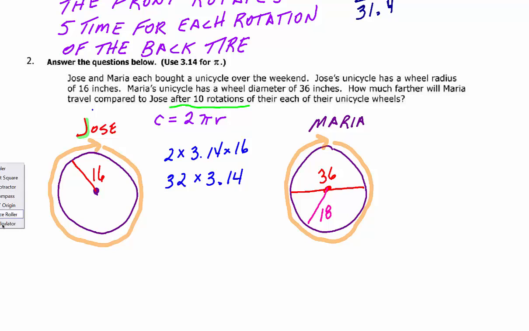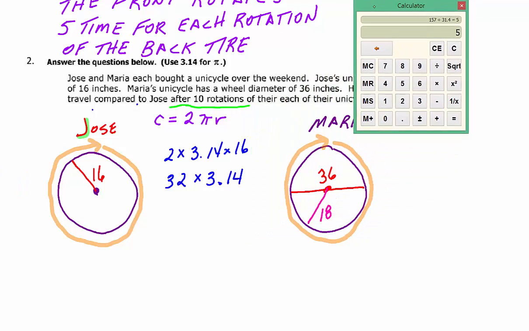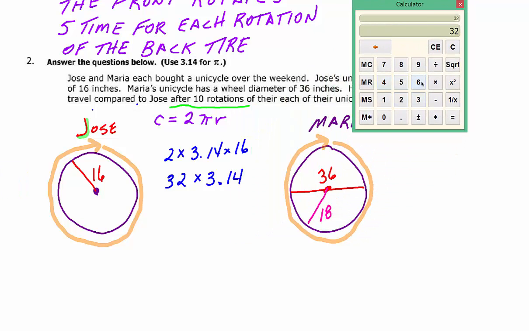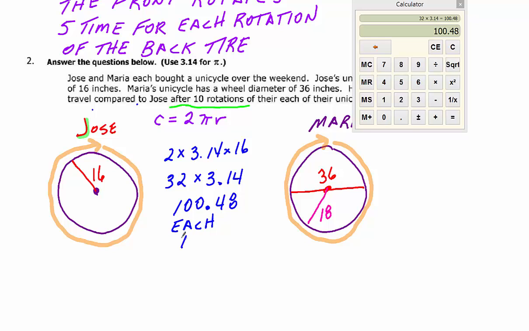Let's bring our calculator back out. And we've got 32 times 3.14 is 100.48. Now that's each rotation.